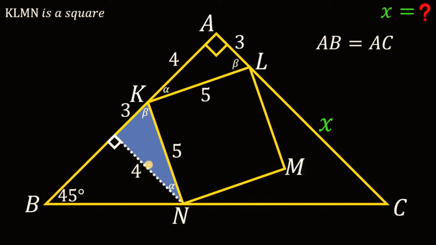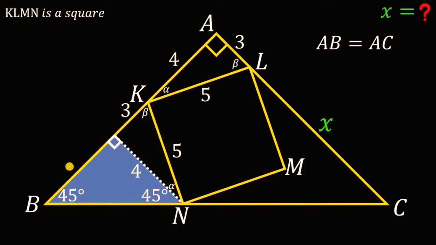This is an isosceles right triangle because if this is 45 degrees, this other angle must be 45 degrees also. And what does it mean? This triangle is an isosceles right triangle. If this is 4 units, the other side is also 4 units. So the other side is 4 units.